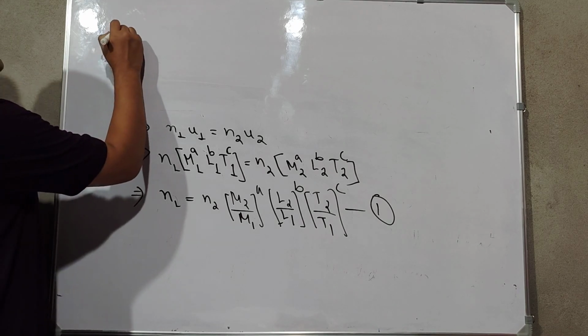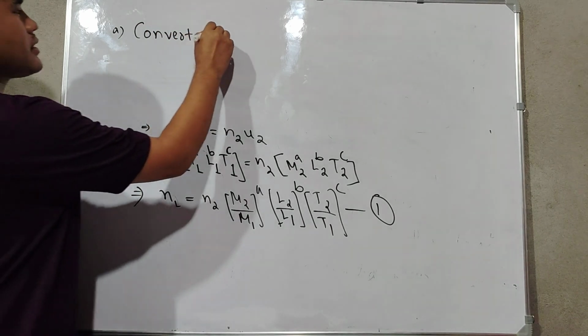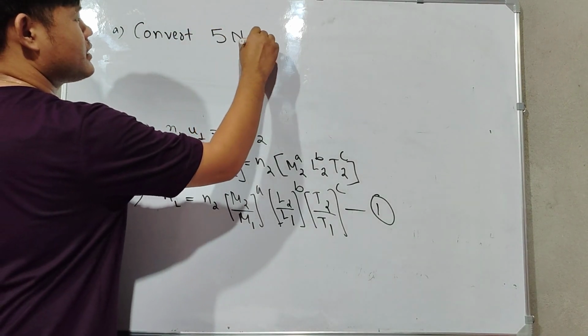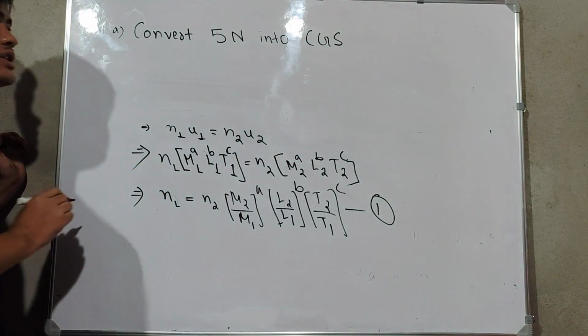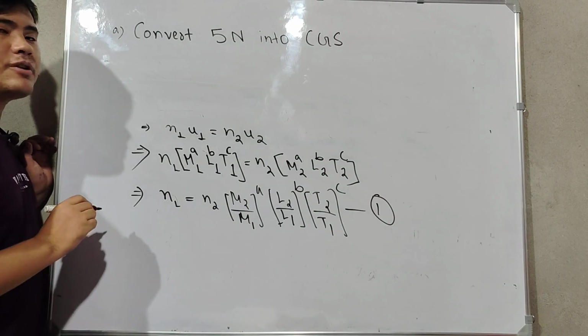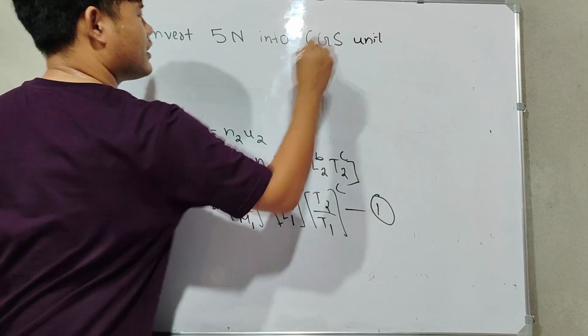Suppose question A: convert 5 Newton into CGS. So this question is given to us. Convert 5 Newton into CGS unit. So how will we convert?